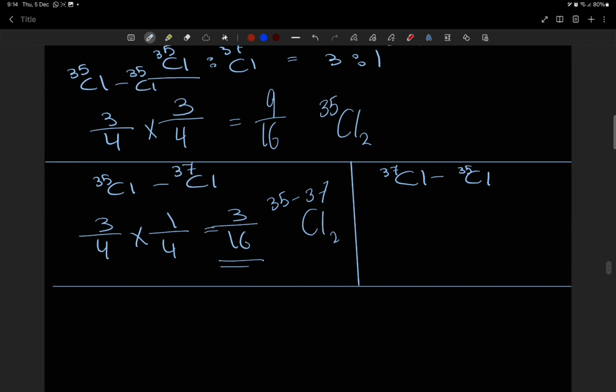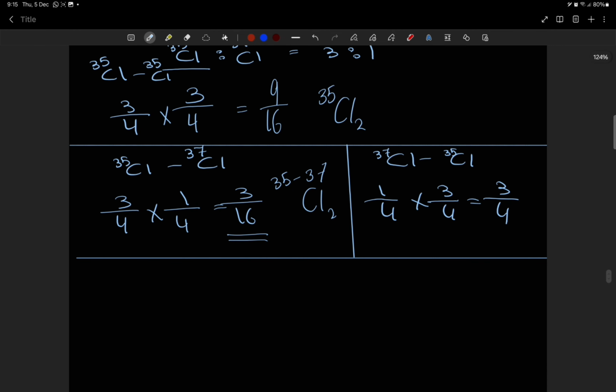This is not the total chance of me getting a chlorine molecule formed of these two atoms together, because I have two combinations that give me this molecule. The second one is 1 over 4 multiplied by 3 over 4, which gives me the same answer. Which means that my chance of finding a Cl-35 and Cl-37 molecule is 2 times the chance from one combination, because I have two combinations to find it.